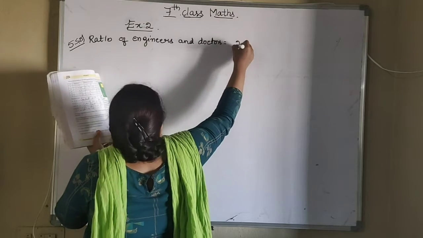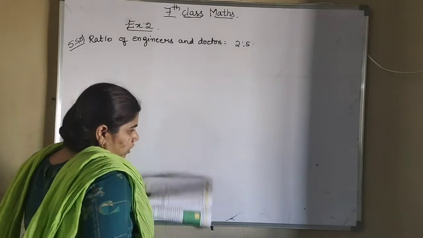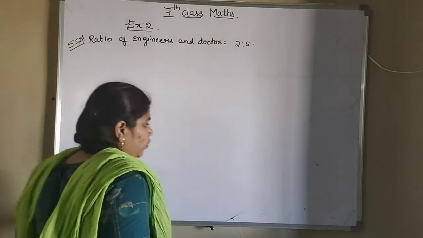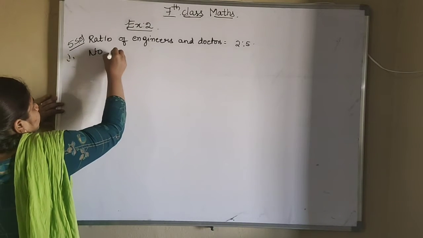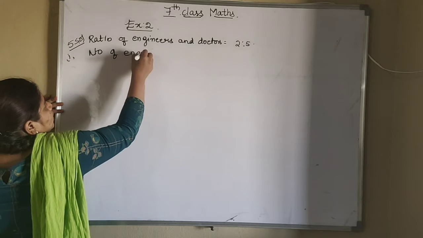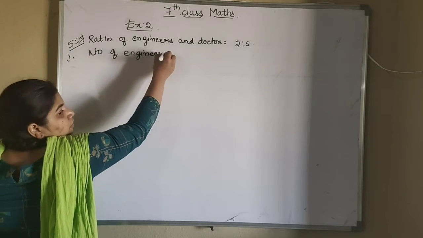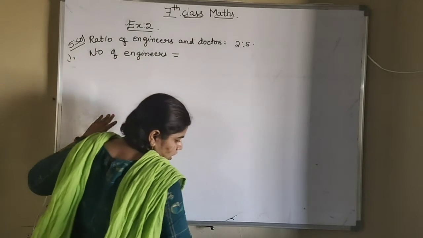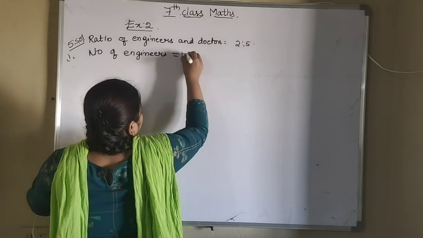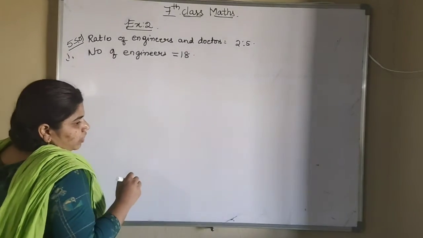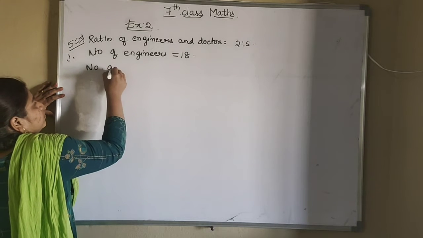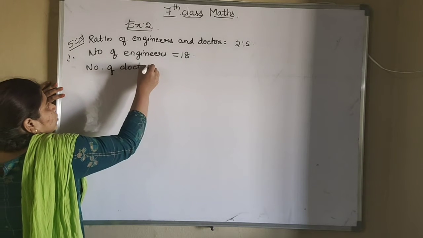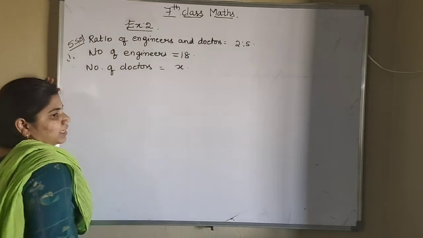They have given 2:5. Now, in the first bit, the number of engineers is how many? 18 are there. So what do we have to find? We have to find how many doctors there are. The number of doctors we don't know, so I am taking it as X.